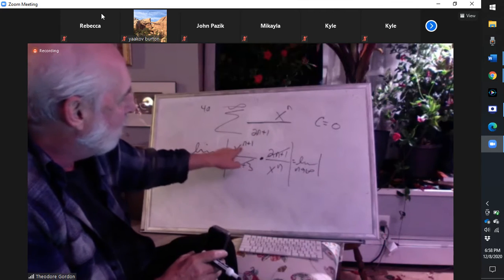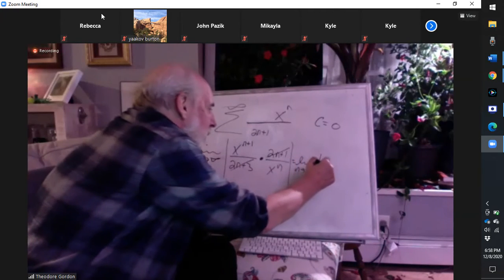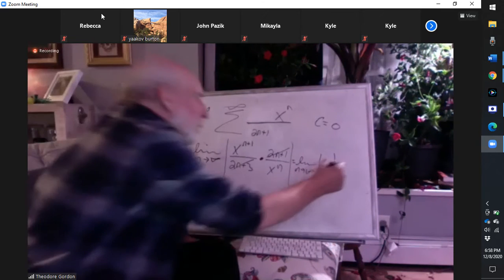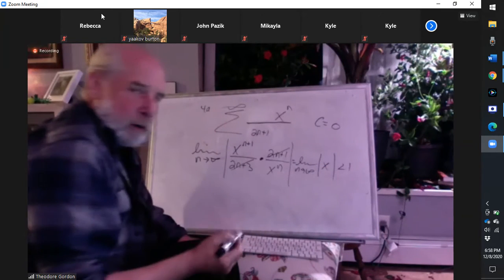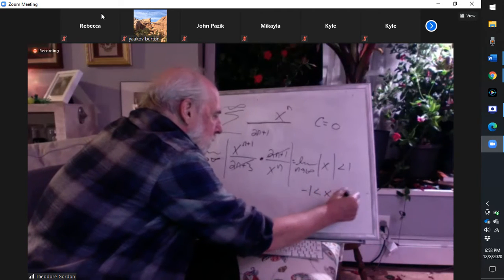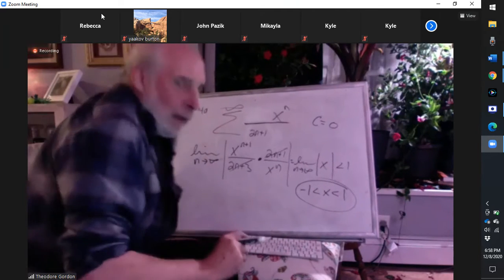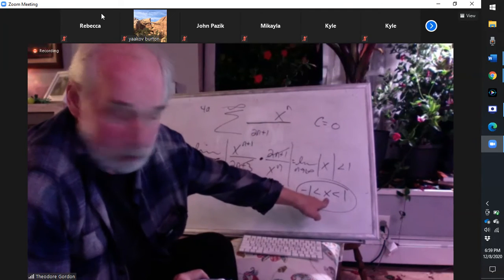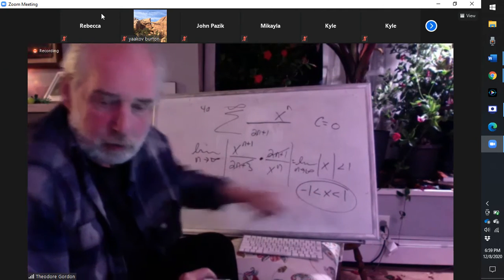This n knocks off one of those, so we're just left with x. This has to be less than 1 to converge, so our interval looks like this. And that's our convergence, and the center, 0, is right in the middle. It's halfway between those two numbers.